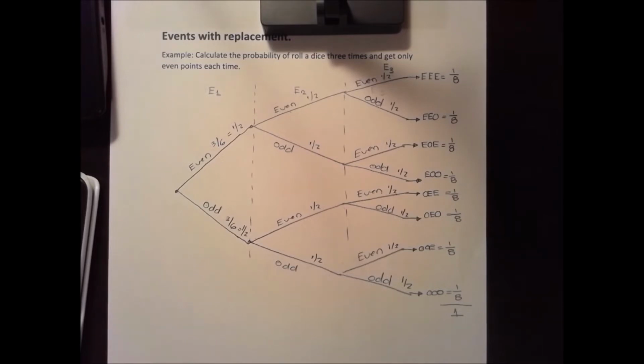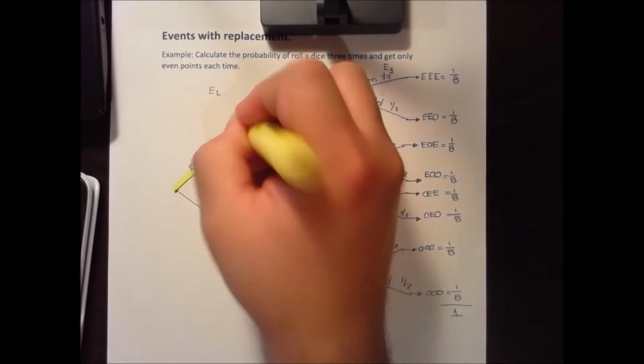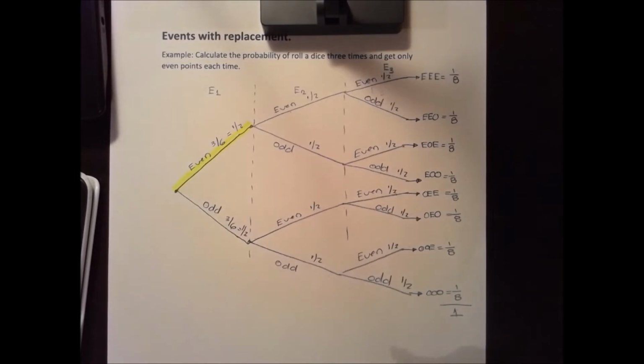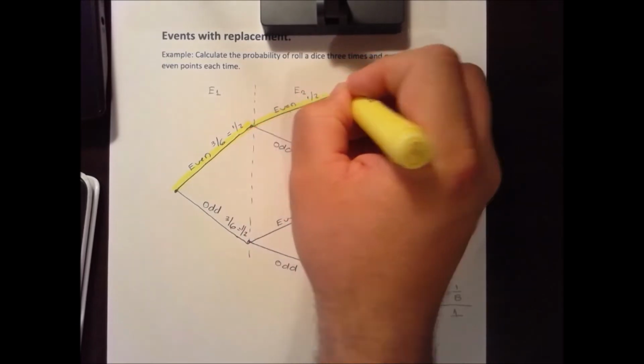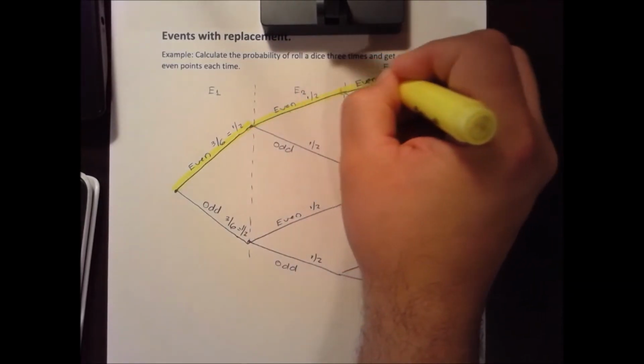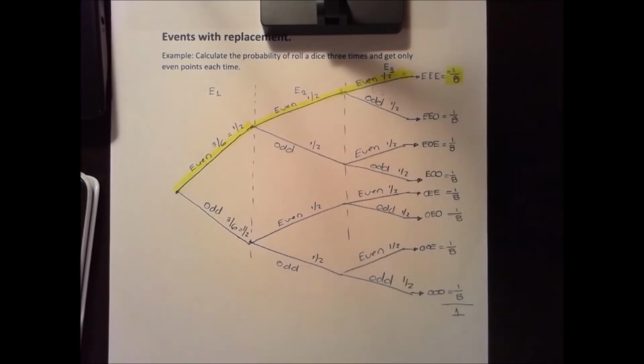Okay, let's remember what our example is asking us. It said calculate the probability of rolling a die 3 times and getting only even points each time. So in that case, the first should be even, then the second should be even, and the third should be even. So my answer is going to be 1/8.